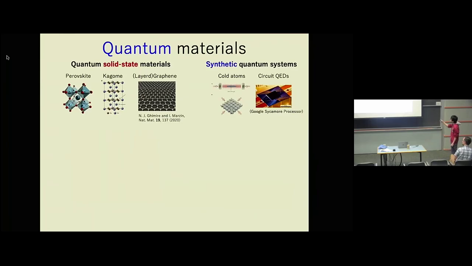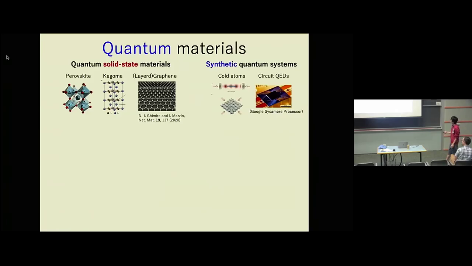And people are now successful in getting synthetic quantum systems where they have good control at each particle level, and it's extremely clean, so it serves as a very good testing bed for the concepts that have emerged in solid-state systems.